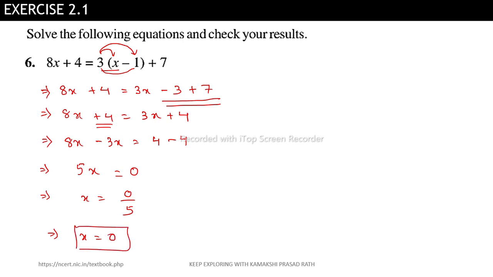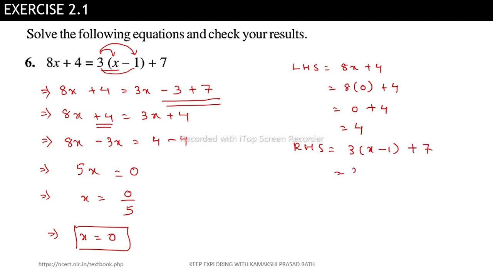Now let us check our solution. LHS is 8x plus 4. So 8 times 0 plus 4, 8 times 0 is 0, plus 4, we get 4. And on the right hand side, 3 times x minus 1 plus 7. So 3 times x is nothing but 0.